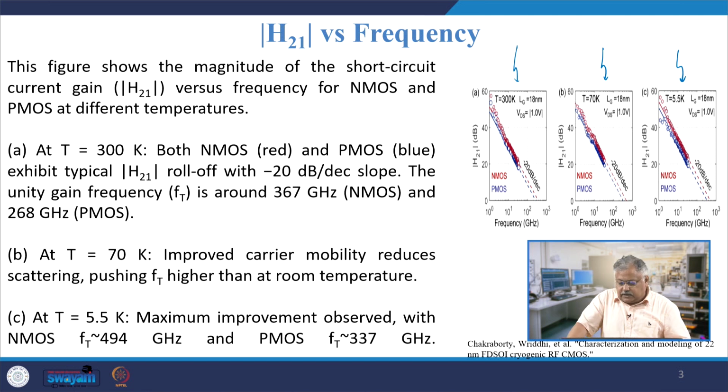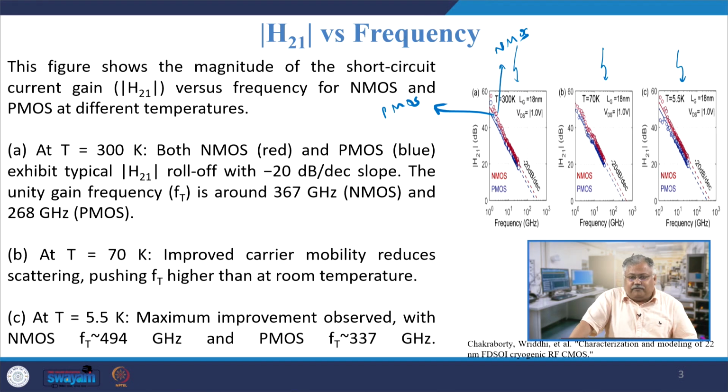Now if you look interestingly, they all look almost the same quantitatively. However, at 300 Kelvin, the red ones are basically my NMOS and my blue ones are basically the PMOSs, and they follow the roll off of 20 dB per decade.